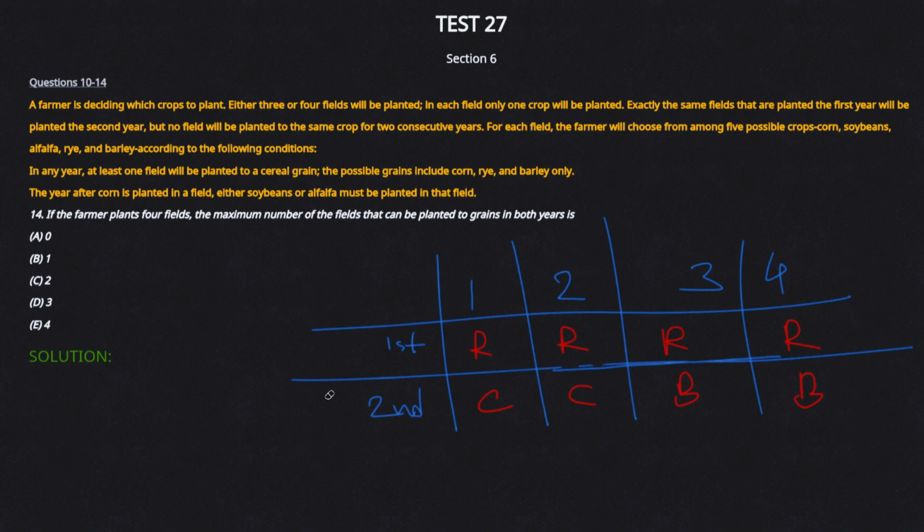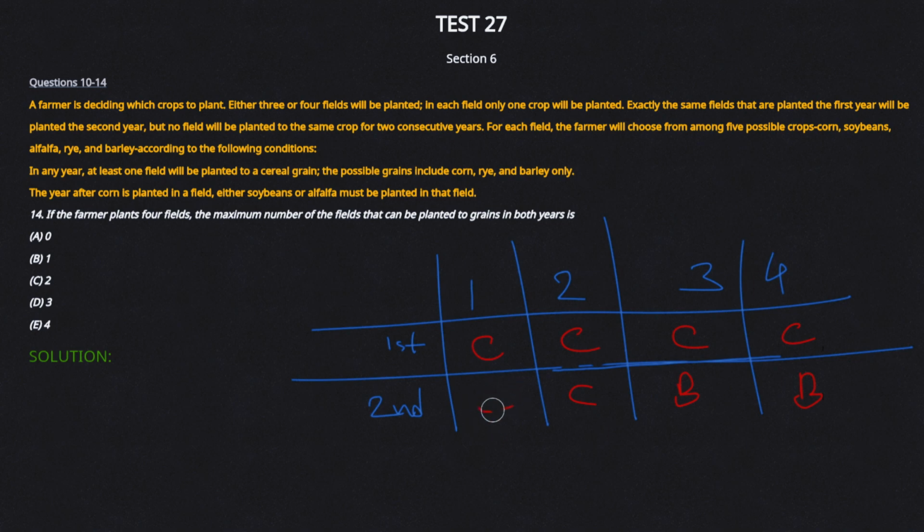But there is a scenario where you can't do it, and that scenario is if we use corn in every one of them, or corn in at least one of them.